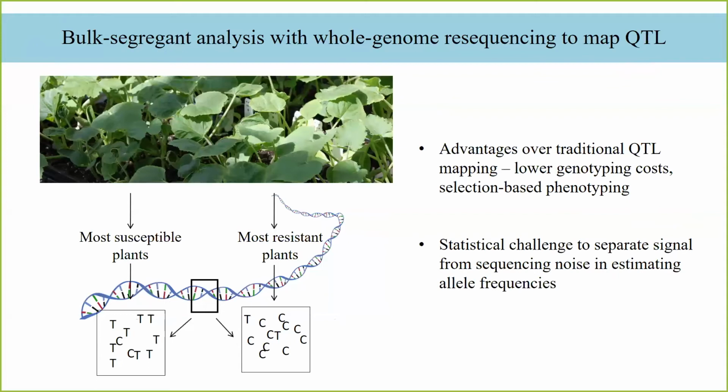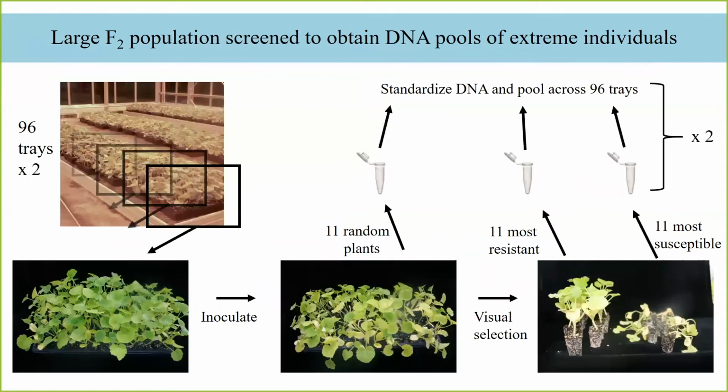There can be a statistical challenge in separating signal in allele frequency differences between bulks from sampling noise from sequencing, but several methods have been developed that increase the accuracy of allele frequency estimates at SNPs by borrowing information from neighboring markers.